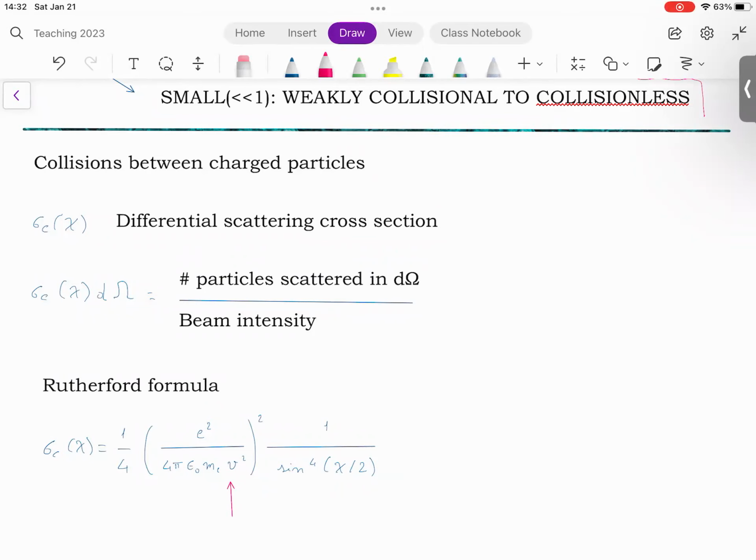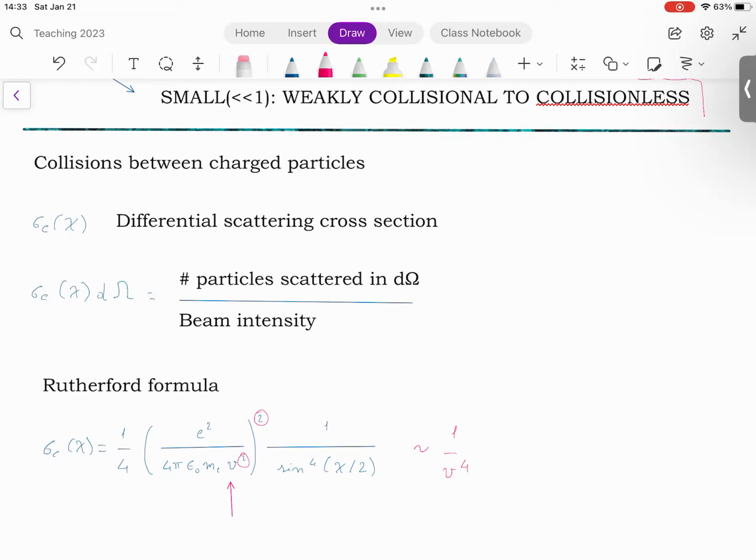What is actually happening is that the velocity of the particle, which is related to the temperature, remember that the temperature is an average of the kinetic energy, therefore the velocity of the particles appears in the denominator and appears to the 4th power. I got a square here and a square here. So let me write this.